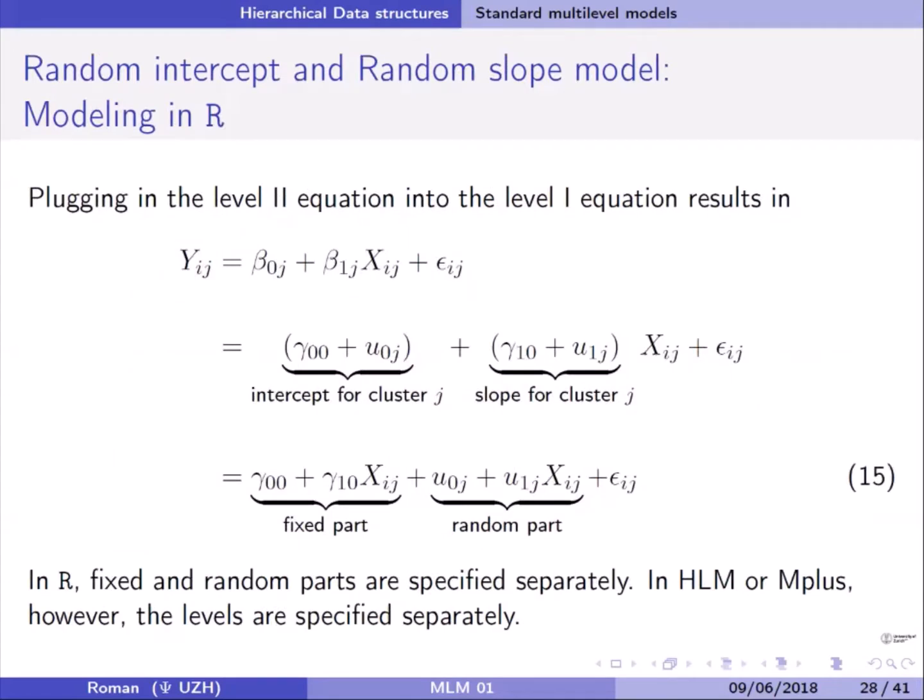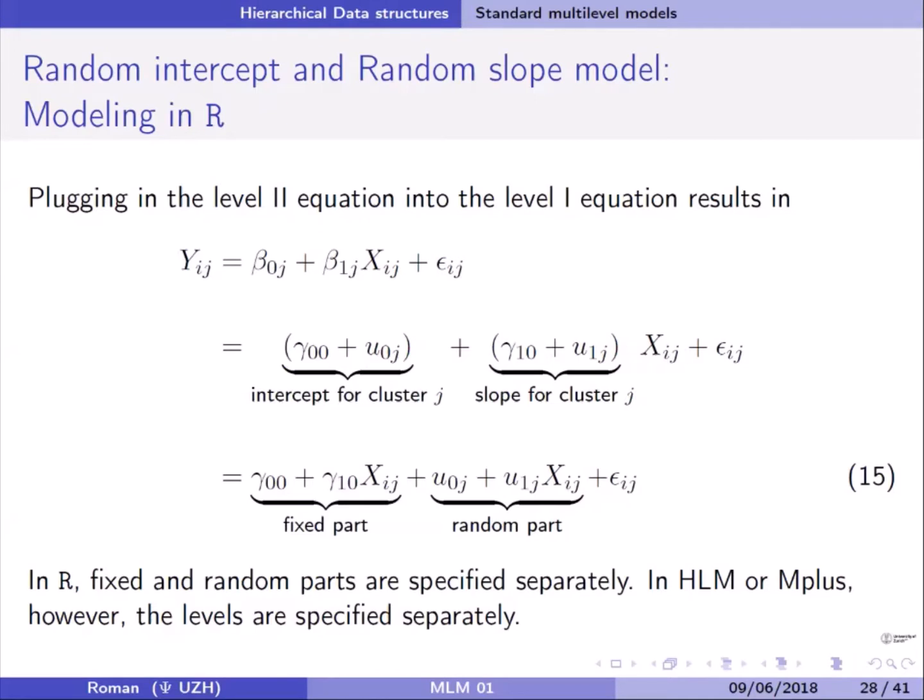All right, so plugging the level 2 equation into the level 1 equation results in our full equation here. So we have the intercept for cluster j, the slope for cluster j, and then the variable here. Distributing this, we result in this full equation. However, in R, fixed and random parts will be specified separately.